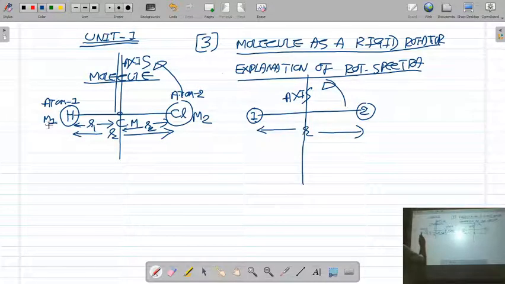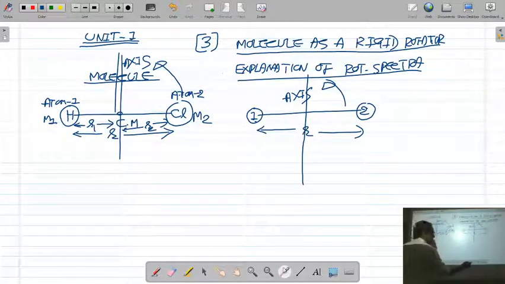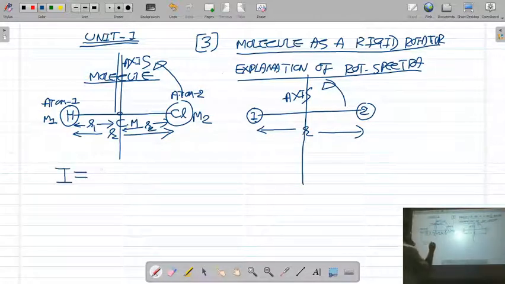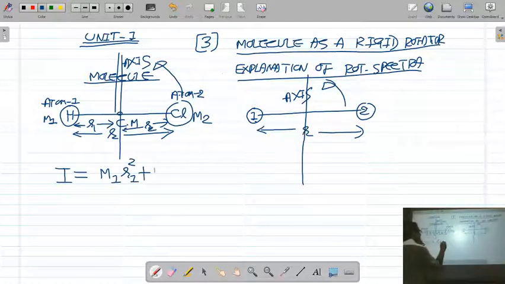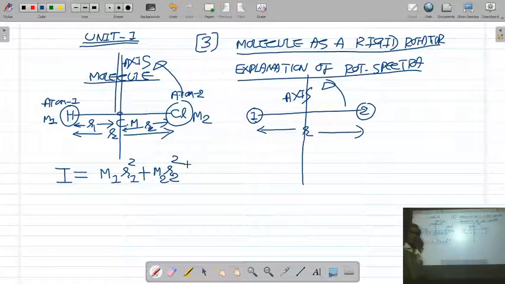Then the moment of inertia of this molecule is defined as m1 r1 square plus m2 r2 square.